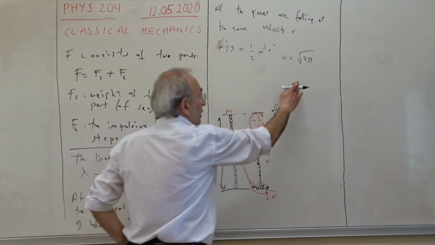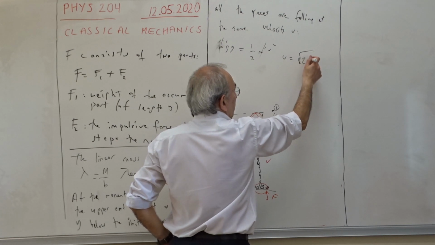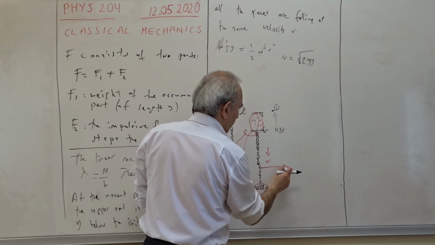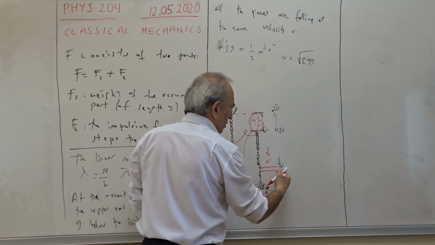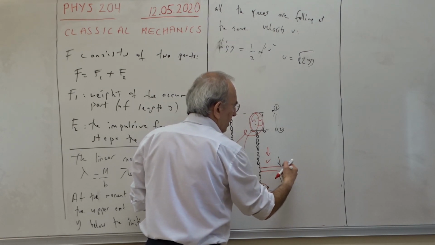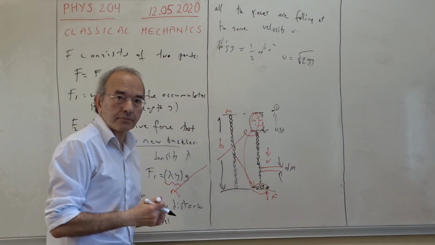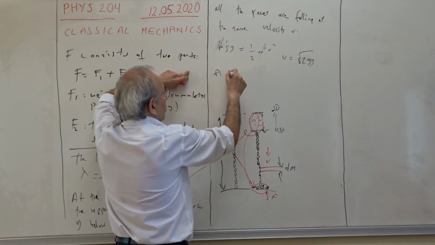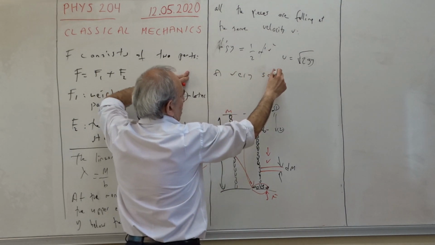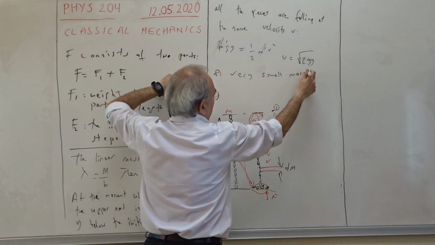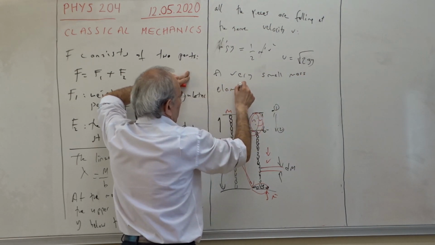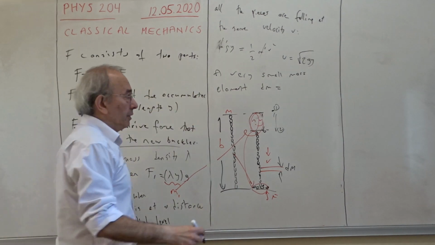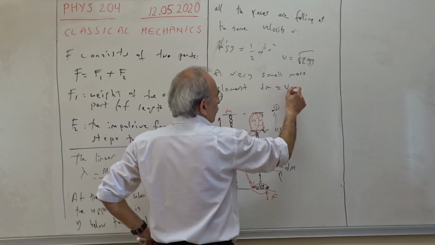Alright, then we consider a small part of it, for example, this small part. What is that small part? It has a mass dm, a very small mass element. dm is equal to what?